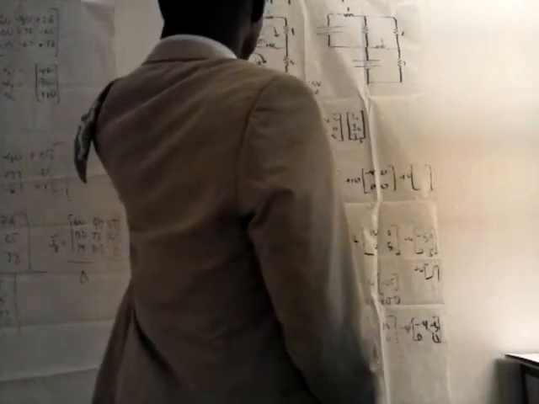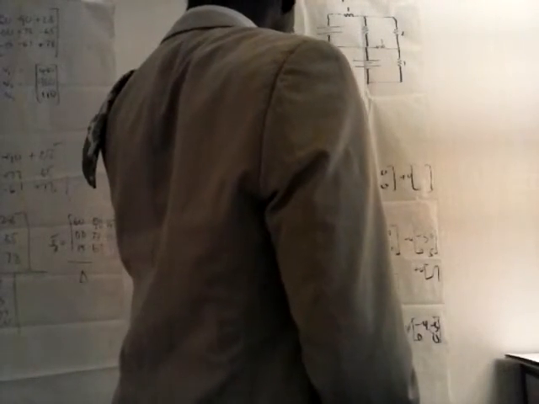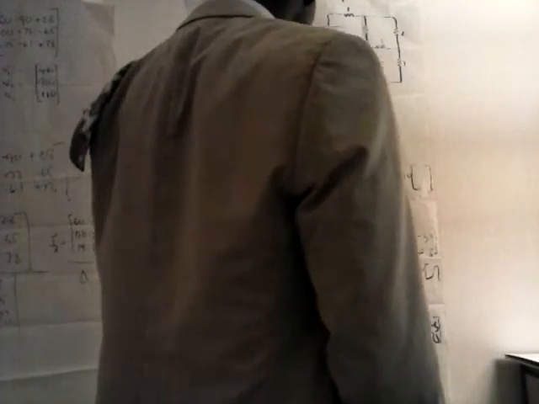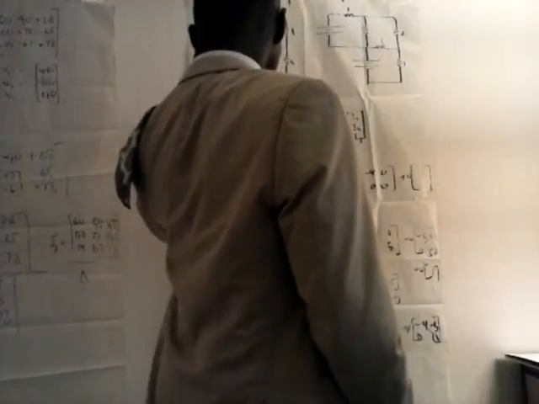Let's calculate delta for this, and then we'll actually find the value of the current as 400 over delta. Let's take a break, and then we'll come back and calculate delta.